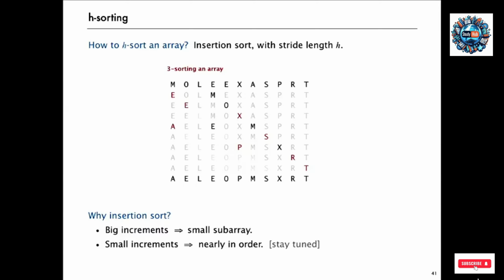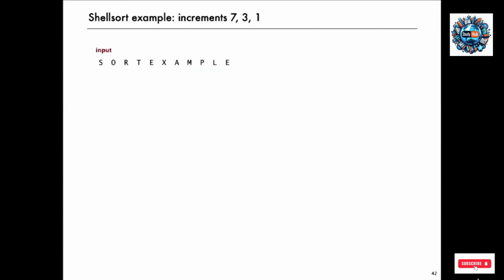But the other thing is, if the increments are small, because we've done previous H-sorts for bigger values of H, the array is partially sorted. And so insertion sort is going to be fast. It wouldn't work to use selection sort as the basis for H-sorting, because that always takes quadratic time no matter what order there is in the array.